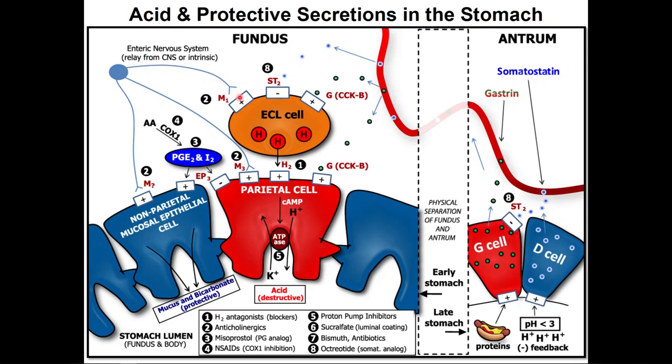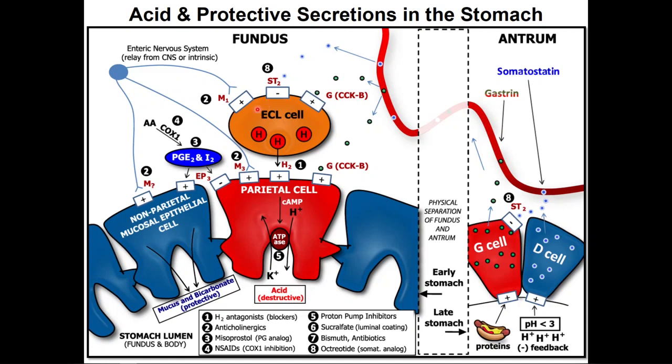It's a positive trigger for, first of all, a cell type that we haven't really talked about yet, but we're going to do that in a little bit. That is called the enterochromaffin-like cell, or ECL cell, which releases histamine. That's as far as we're concerned in our course. We're just going to talk about that. It may have other roles. The main role for our purposes is histamine release.